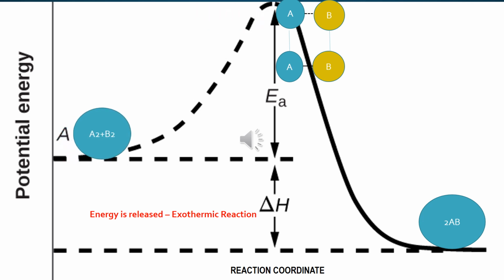They first land up in a high energy state called the activated state, and this activated state then gets converted to product. The structure of the activated state is neither the reactant structure nor the product structure. It is a combination of both, in which new bonds are formed at the expense of the existing bonds. Then the effective collision has led to product formation and a chemical reaction has occurred.